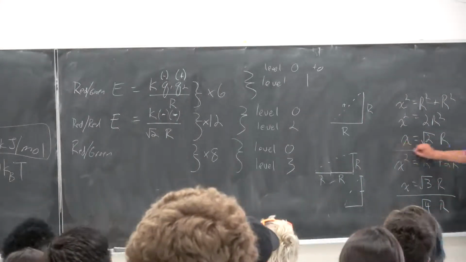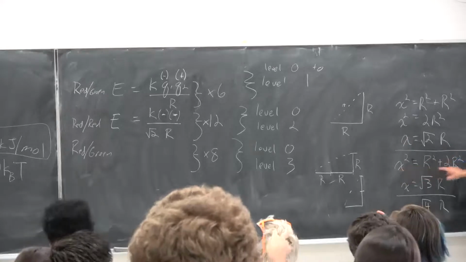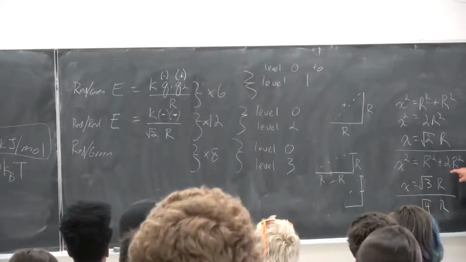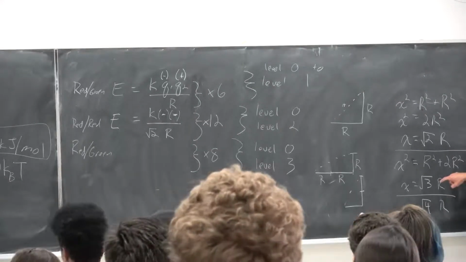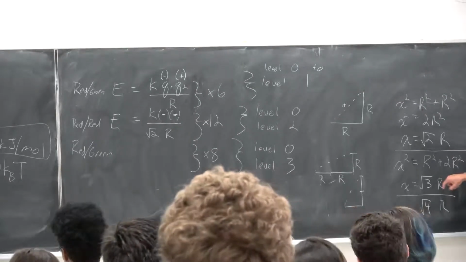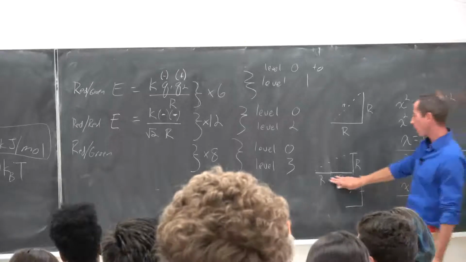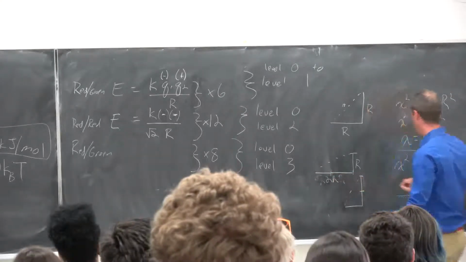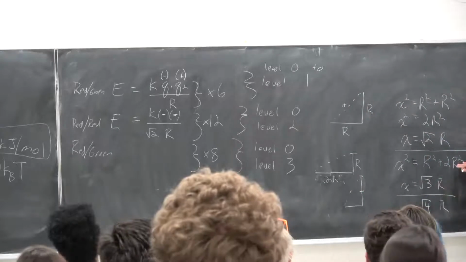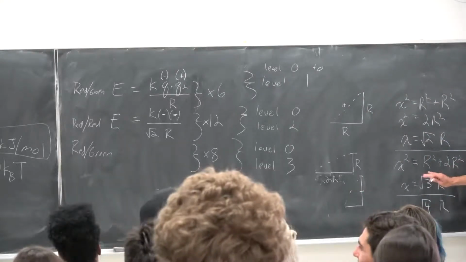You're saying, I think that's correct. That's the correct equation, but the drawing doesn't. Because this is, yeah, that's root 2r, not 2r. Their equation is correct.